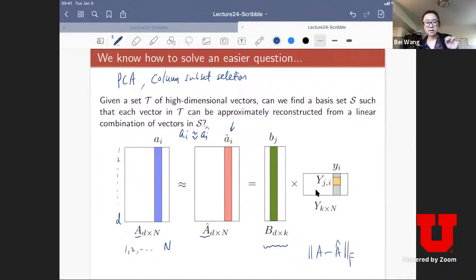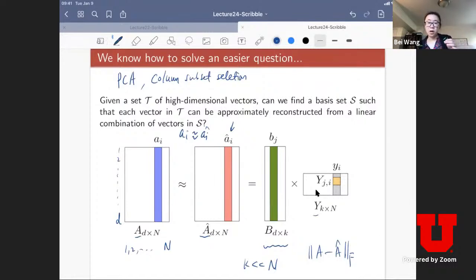Usually A hat is obtained by finding a decomposition of my matrix into matrix B and matrix Y. The difference between matrix B and matrix A is that matrix B has the same number of rows, however it has a number of columns that is much smaller than the original input size. And then what is Y?